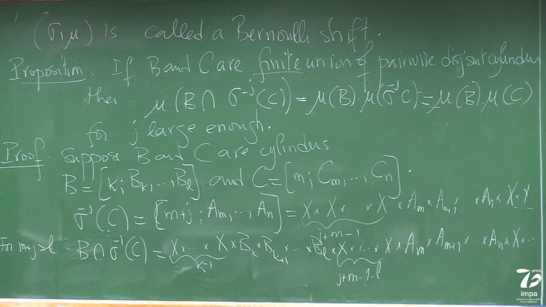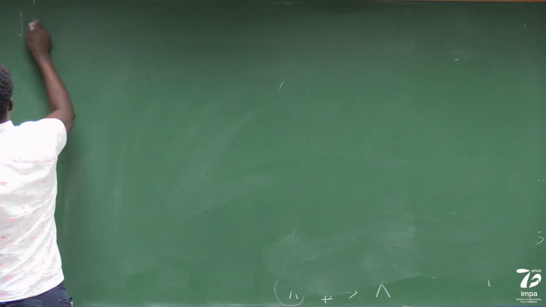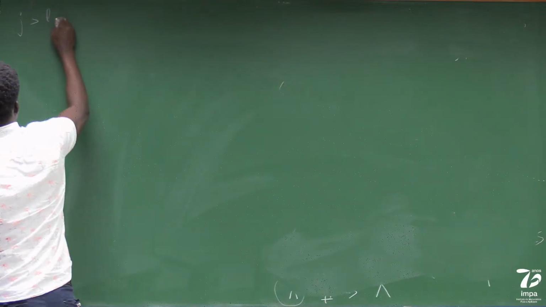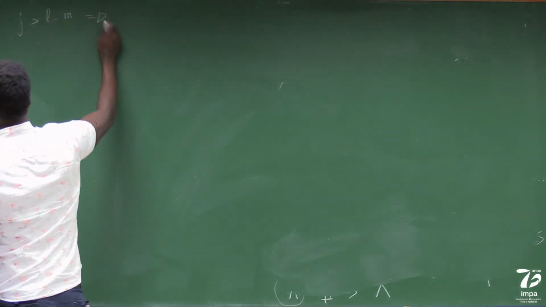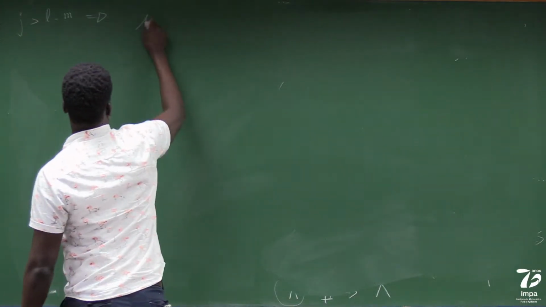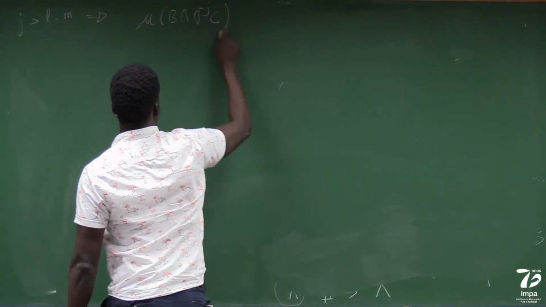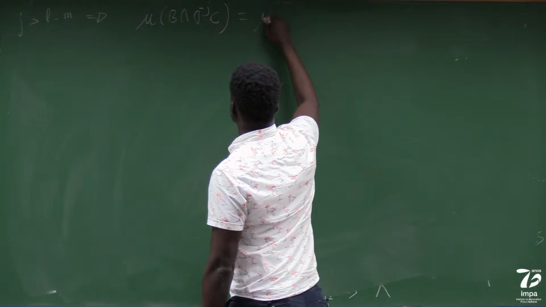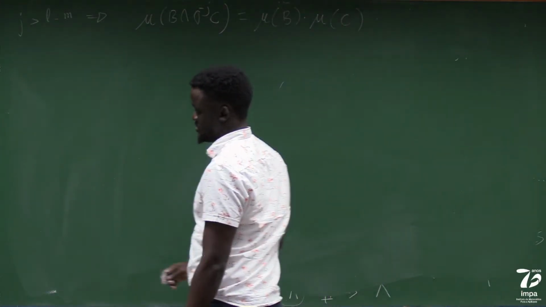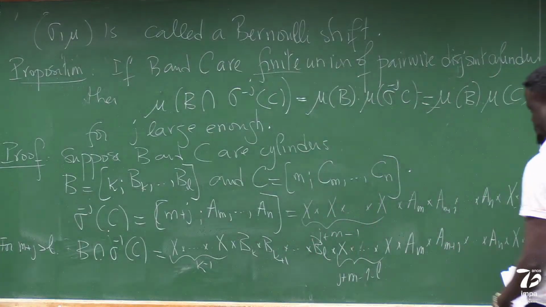So you see that j greater than L minus m implies that mu of B intersect sigma minus j C equals mu of B times mu of C. Okay, because you just take products. What you have here will give mu of B, what you have here will give mu of C.